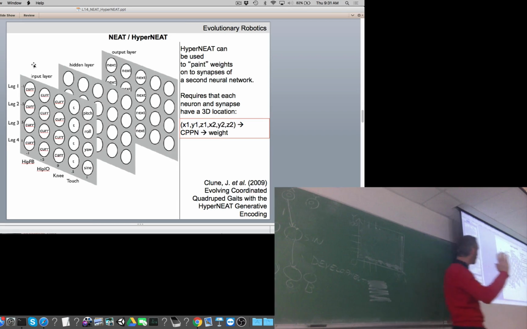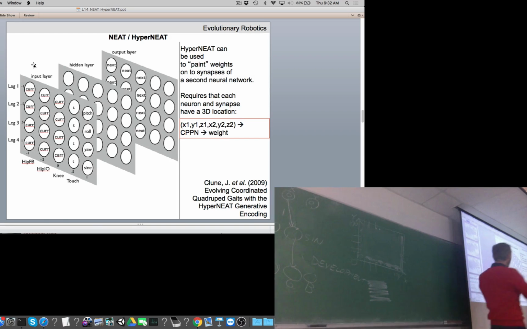And these simpler networks are going to produce gradients of synaptic weights throughout this three-dimensional space, not unlike the way that CPPNs paint regular patterns of paint onto our pixels in two-dimensional space or three-dimensional space. So far, so good? You understand why we've introduced this extra step?